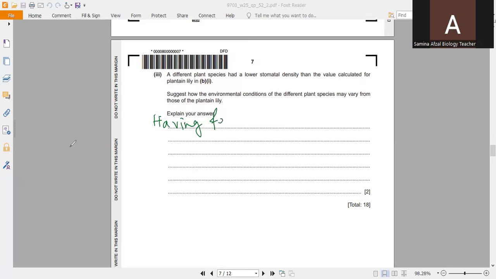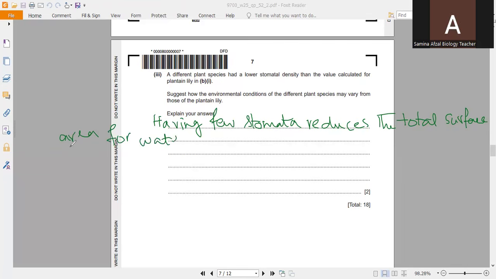Having few stomata reduces the total surface area for water vapors to diffuse out of the leaf.